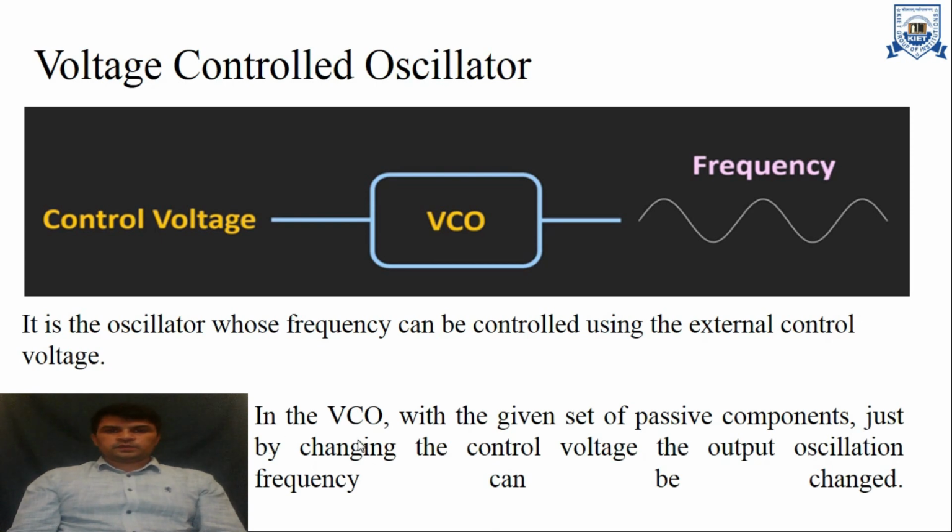With a given set of passive components, just by changing the control voltage, the output oscillation frequency can be changed. Meaning for a given RLC component, by changing the value of input voltage, we change the frequency of output.